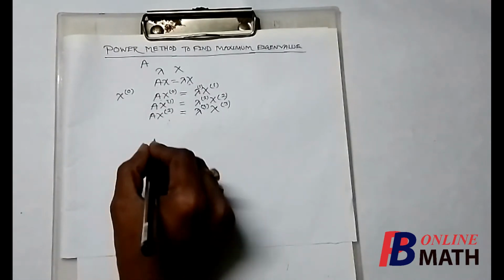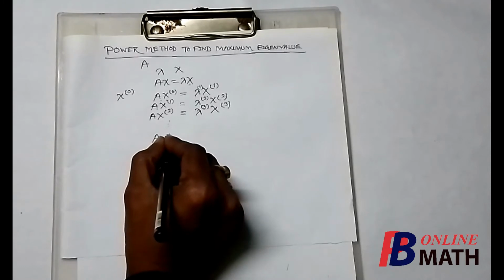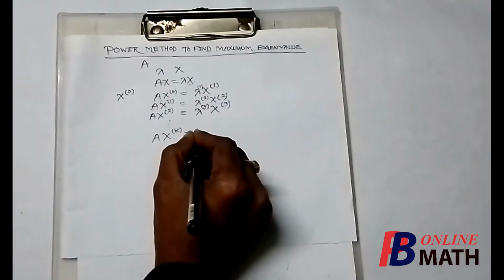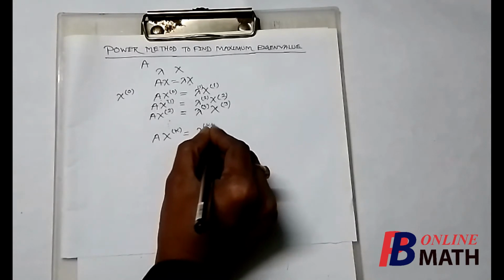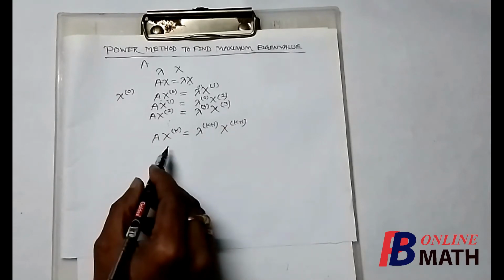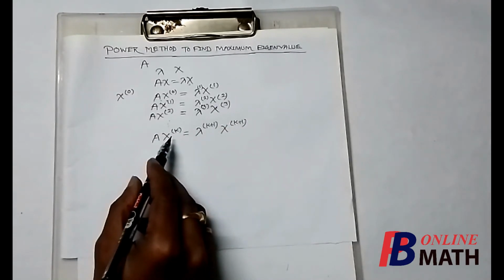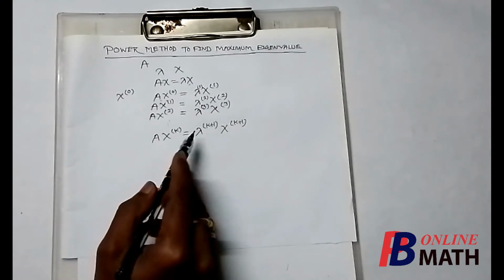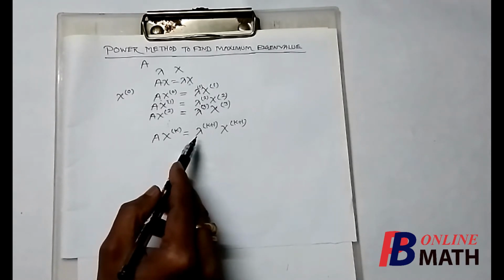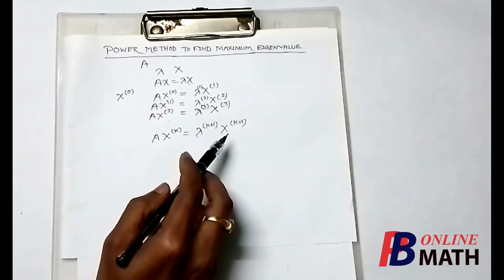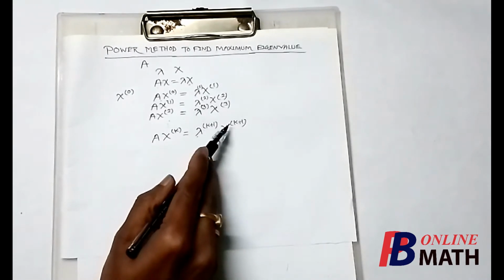So in general we may write Axk equals lambda k plus 1 times x k plus 1, where the kth approximation of the eigenvector is denoted by xk, the k plus 1th approximation of the eigenvalue is denoted by lambda k plus 1, and the corresponding eigenvector is denoted by xk plus 1.